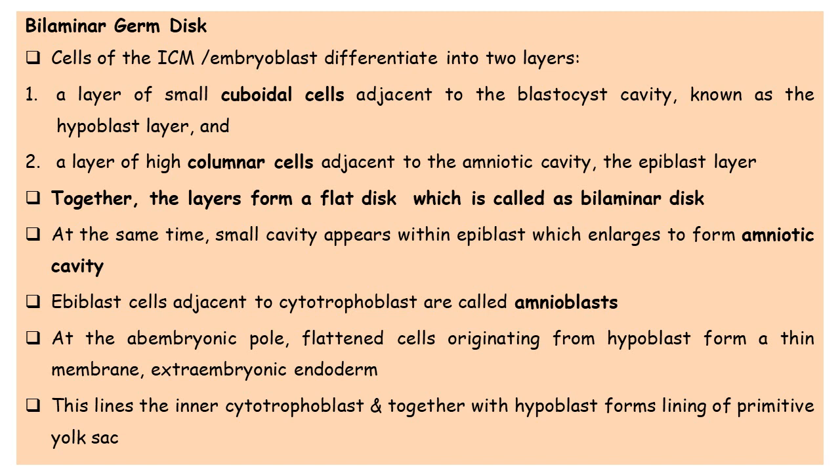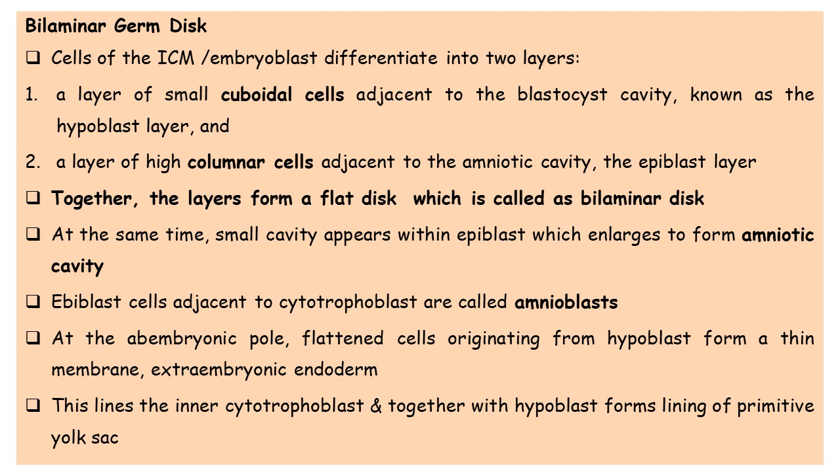This disc-like structure, which is composed of the epiblast and hypoblast layers, is called a bilaminar disc. So this stage of the embryo is called the bilaminar germ disc, because two layers are present, epiblast and hypoblast. This two-layer structure is going to convert into the trilaminar germ disc.